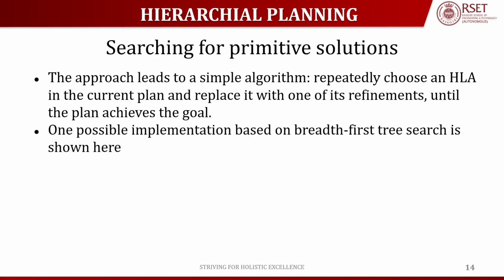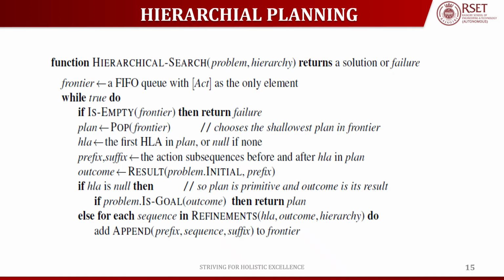So the approach leads to a simple algorithm. Repeatedly choose an HLA in the current plan and replace it with one of its refinements until the plan achieves the goal. One possible implementation is based on the breadth first search tree as shown in the next slide. So in this slide, we can see the hierarchical planning algorithm used in our classical planning.